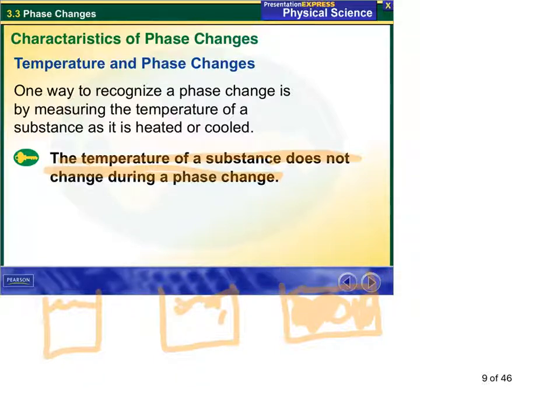As this process is occurring, as it's going from liquid to solid, the temperature is always 0 degrees Celsius. So it's in that process of changing from liquid to solid, or it could be melting from solid to liquid. 0 degrees. So if you see a mixture of ice and water that has reached equilibrium, it's at the freezing point.